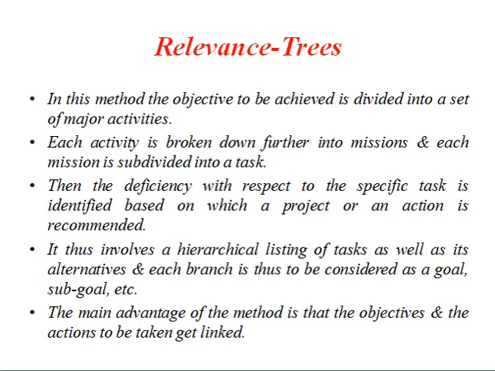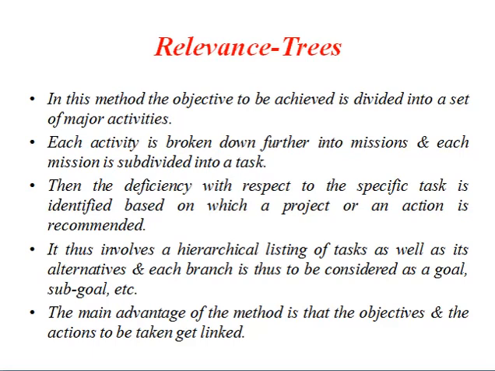Then the deficiency with respect to a specific task is identified, based on which a project or an action is recommended. We can see the process which takes place systematically in a relevance tree.